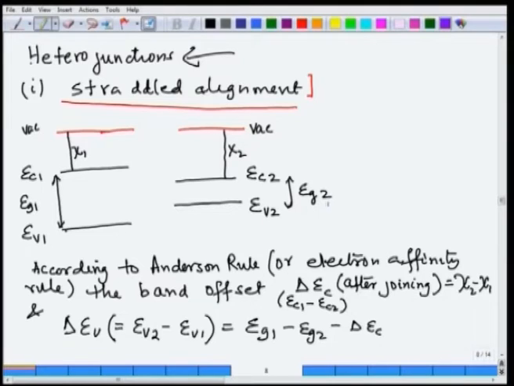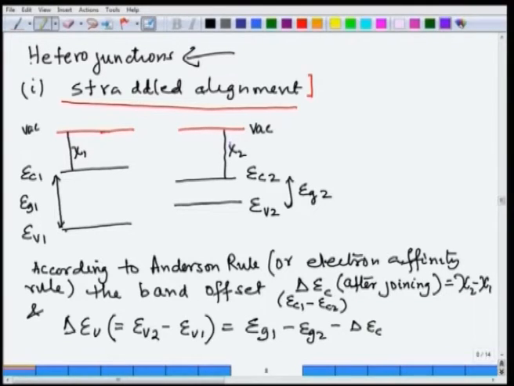EG2 is a small band gap, and it is straddled between these two. So EC2 is here, and EV2 is here. That means the EV2 level is higher than the EV1 level, whereas the EC2 level is lower than the EC1 level, and hence the word straddled is being used, which also means that the electron affinity will be higher.